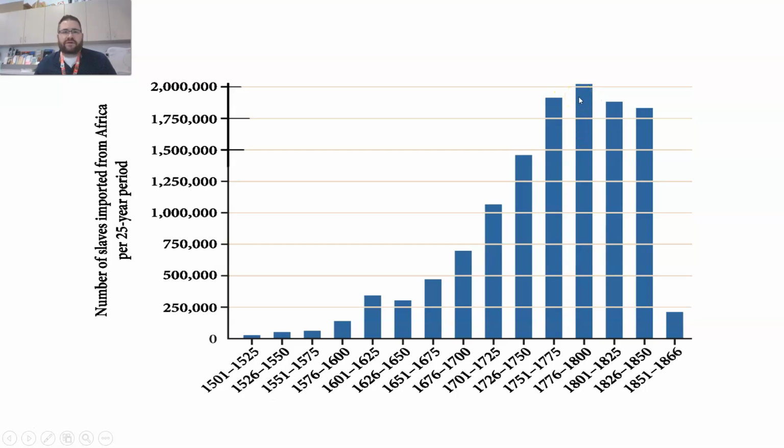Now, it's important to remember on the timeline of things that this 25-year interval is also the time period that you will learn later about when the United States is involved in both the American Revolution and the writing of the Constitution for the United States.